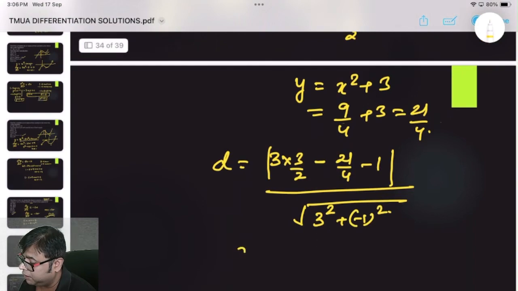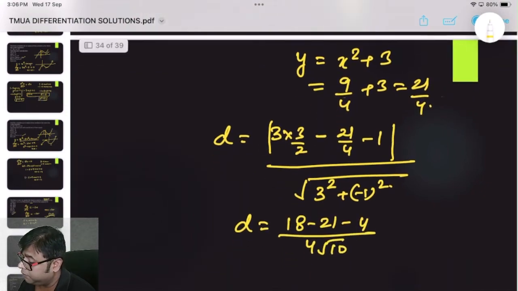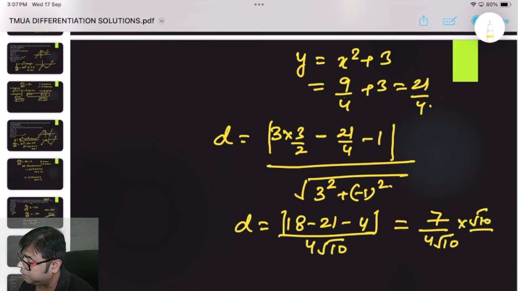So d will finally be, LCM is 4, so 18 minus 21 minus 4 upon 4 root 10, which will give me, taking the mod, 7 upon 4 root 10. So this is the correct answer. If I multiply and divide by root 10, the answer will be 7 root 10 by 40.